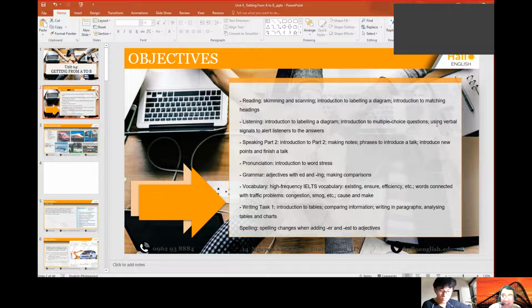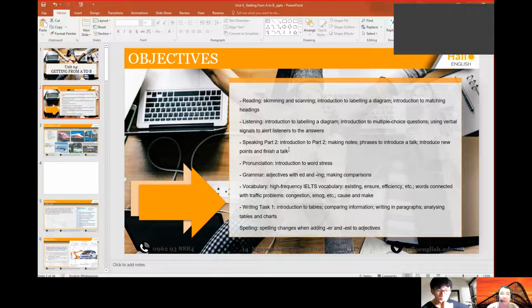So this one is crucial because it needs further knowledge. It's a skill again, using verbal signals to alert listeners to answers.